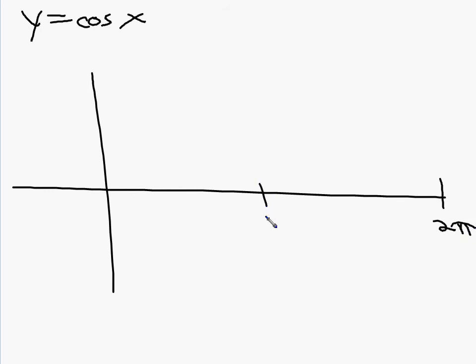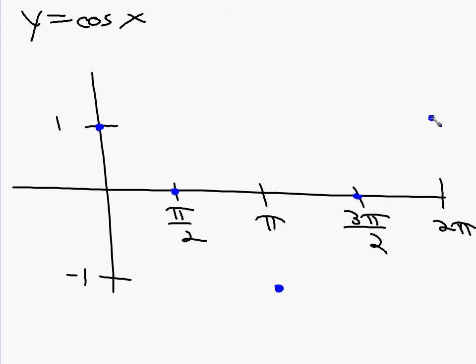We still use those quadrant values just like before. And if you remember what those quadrant values are, for cosine, it starts at 1. The cosine of 0 is 1. And it goes 1, 0. The cosine of pi halves is 0. The cosine of pi is negative 1. Okay? The cosine of 3 pi halves is back to 0. And the cosine of 2 pi is back to 1.